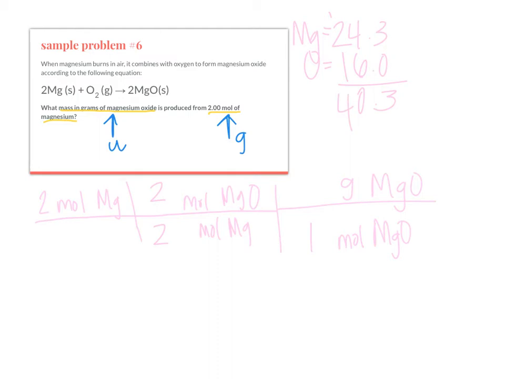Great. 40.3. Okay. Moles of magnesium cancels. Moles of magnesium oxide cancels. We're left with grams of magnesium oxide. But you need to calculate the final answer. Okay?